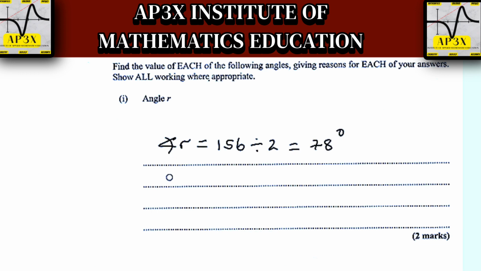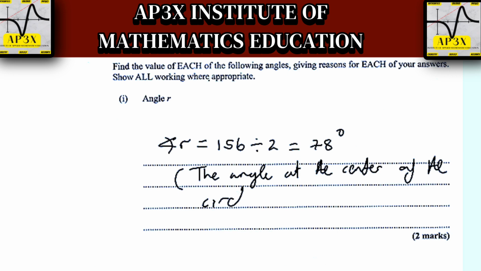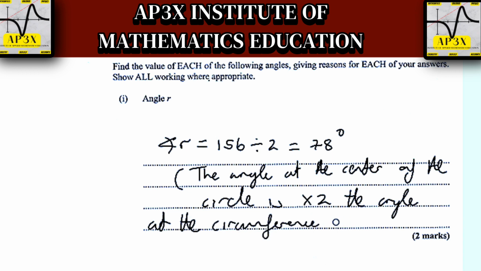78 degrees. The reason for this is, you could write simply the central angle theorem, or better yet, you could say the angle at the center of the circle is twice the angle at the circumference subtended by the same chord.